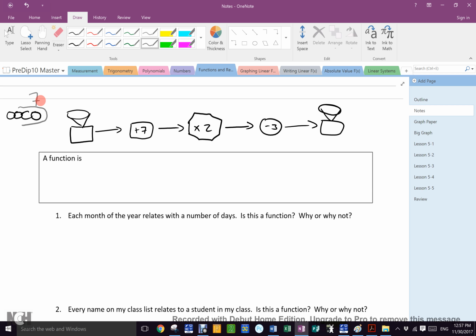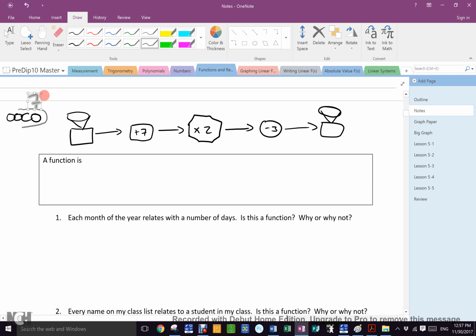Now, that conveyor belt took the 7, dropped it into the function machine, and then you added 7 to get 14, then you multiplied by 2 to get 28, then you took away 3 to get 25, and 25 was what the function machine spit out at the end.